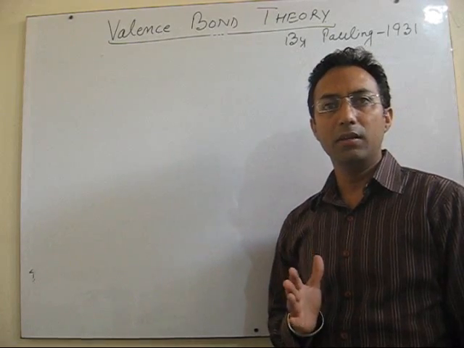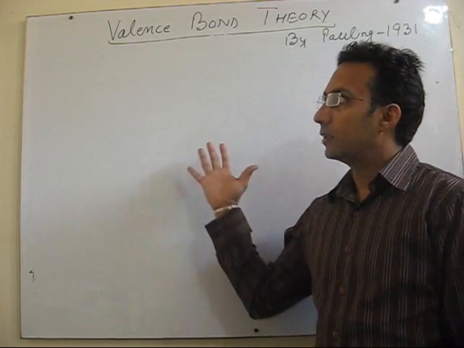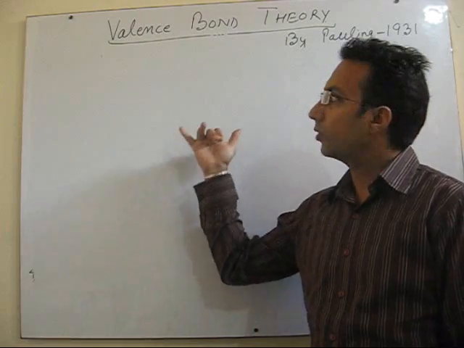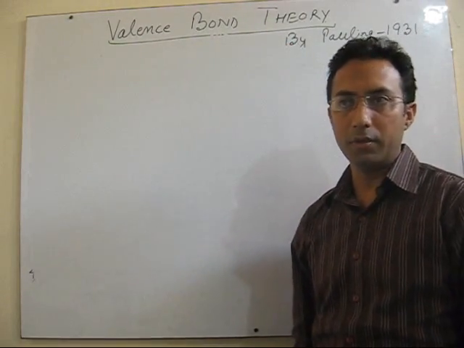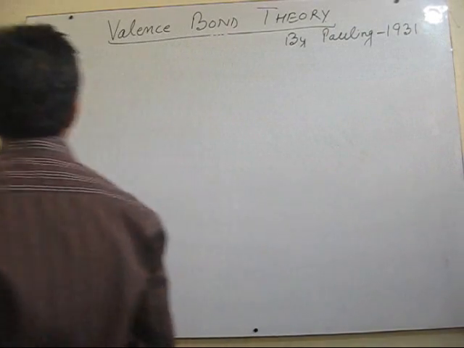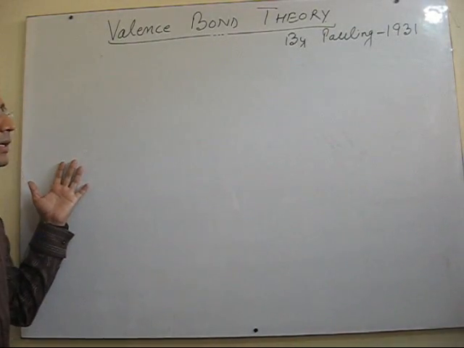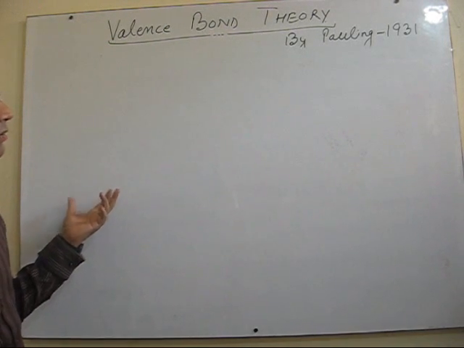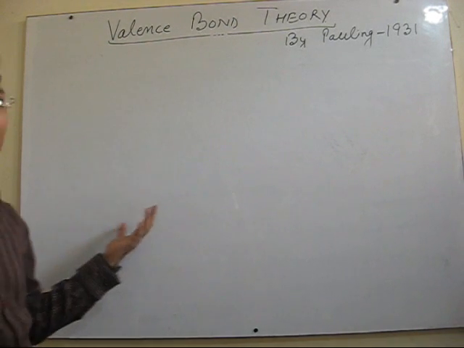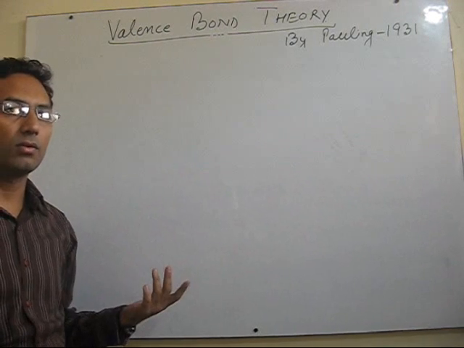If the magnetic behavior is known, only then can the bonding pattern as a result of valence bond theory be obtained, right? So this is one of the limitations, that prior to explaining the bonding of any complex we must know its magnetic behavior. Only then can we explain. In some cases pairing takes place, in some cases pairing does not take place.